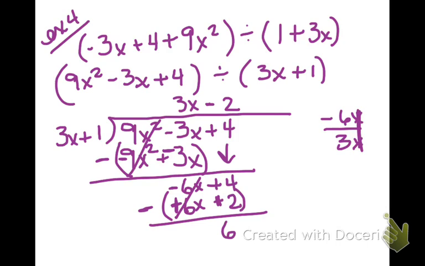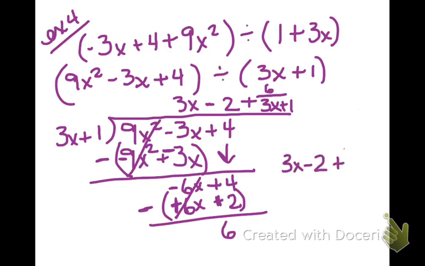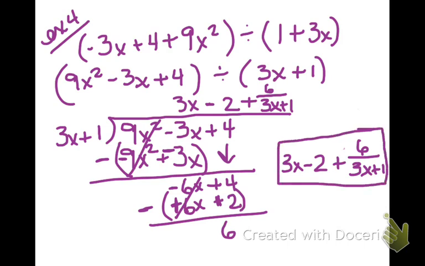And that is my remainder, so I will write it as plus 6 over 3x plus 1. So my quotient in this problem is 3x minus 2 plus 6 over 3x plus 1. And again, if I wanted to multiply that times the divisor, I could check it and get the original answer.